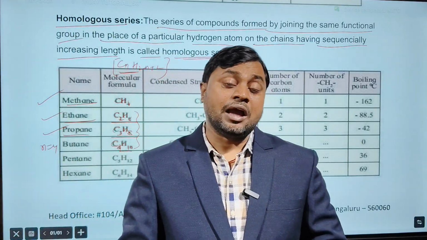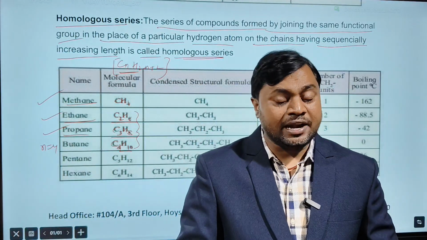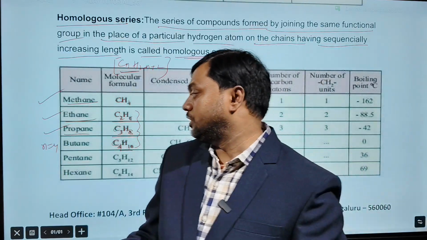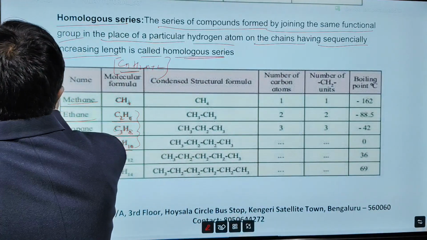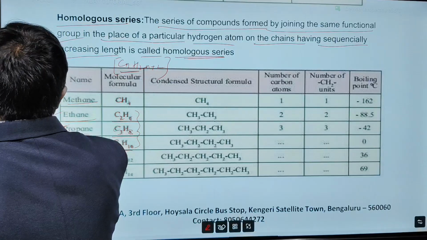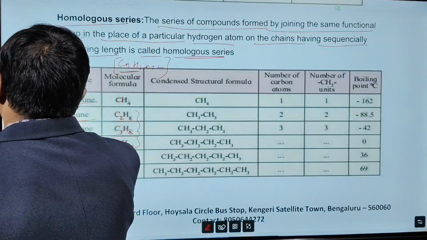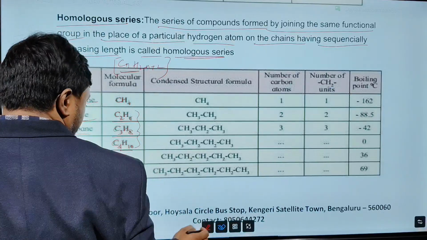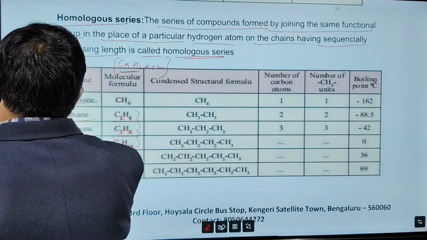Okay, next they have the same chemical properties and method of preparation, we can say. And the successive members, I told you, differ by CH2 group. So there is a difference of how much atomic mass unit? Carbon atomic mass is 12, and hydrogen 1 into 2.